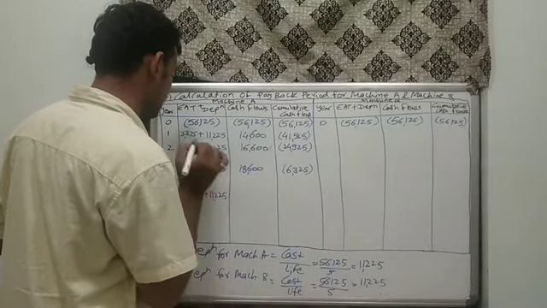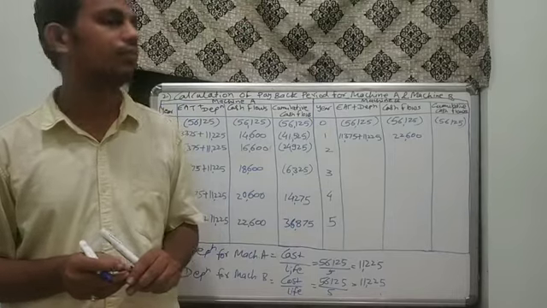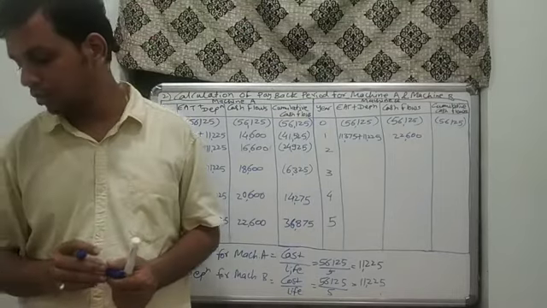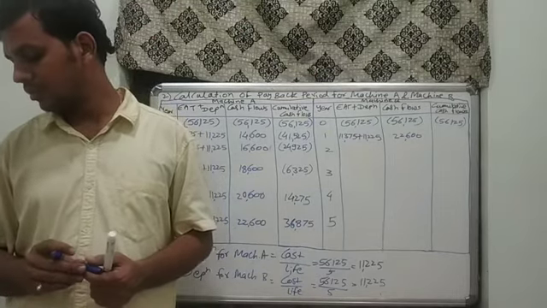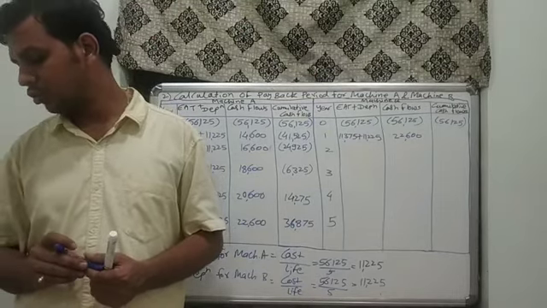So the first year's cash flow for machine B is 11,375 plus depreciation 11,225. Total is 22,600. So minus 56,125 plus 22,600 is negative 33,525.